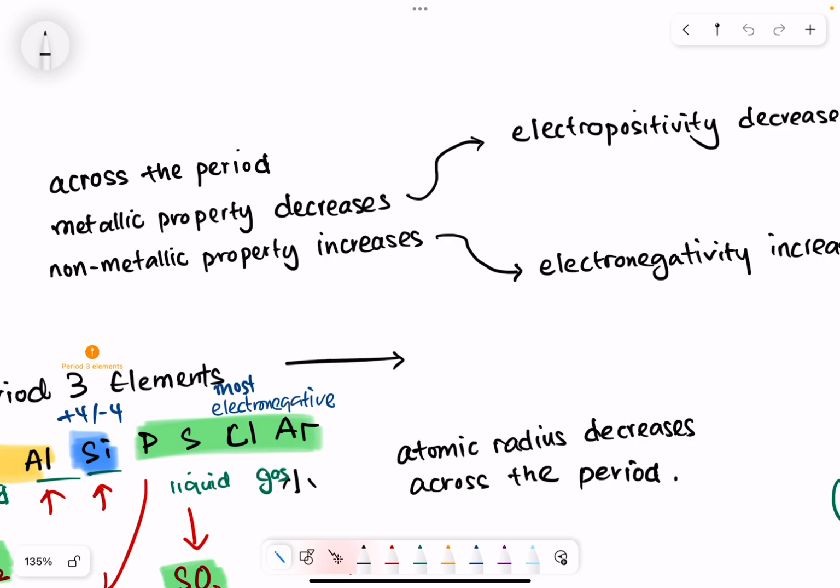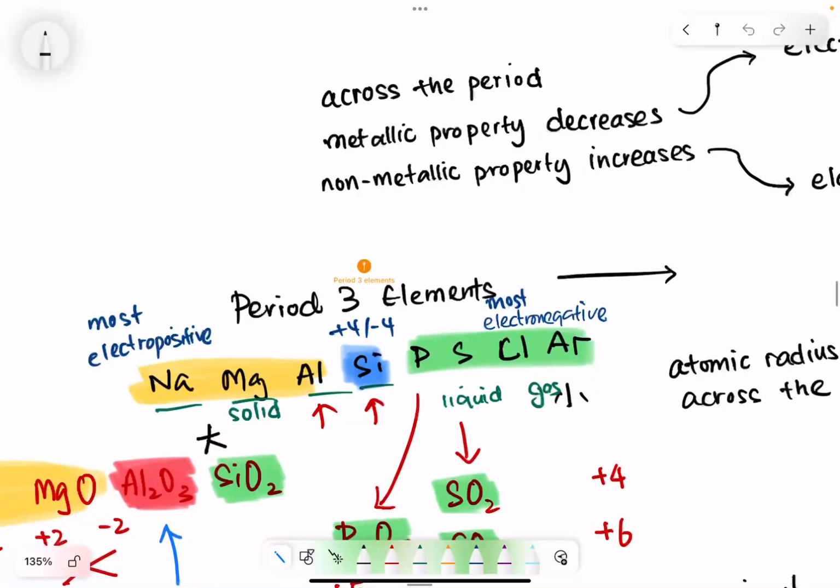If you are able to gain electrons easily, the non-metallic property is going to be high. Across the period, here's the thing. The metallic property is going to start to decrease. As you can see right here, our elements are changing slowly from metals and then becoming non-metals.